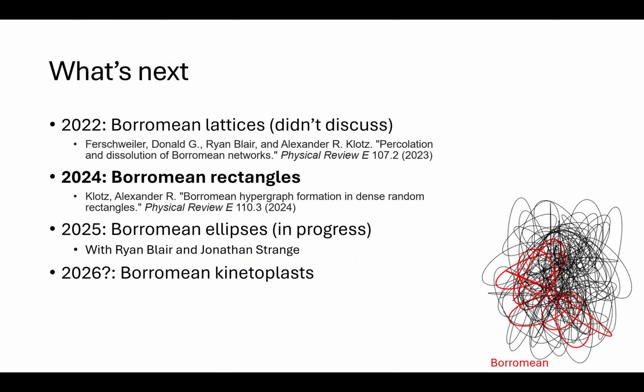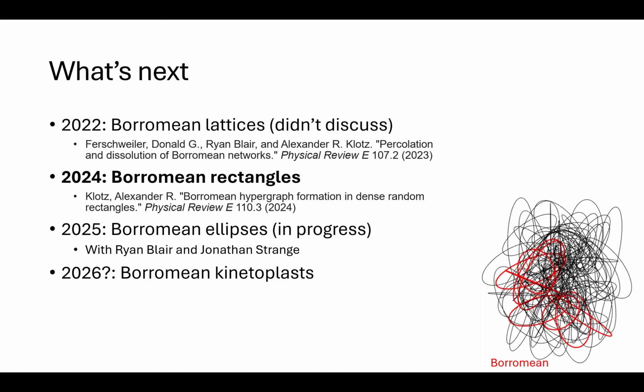So this is actually my second investigation into Borromean networks. The first one Ryan was involved with, I didn't talk about because I thought this was more interesting. These rectangles are still fairly removed from the actual experimental system.